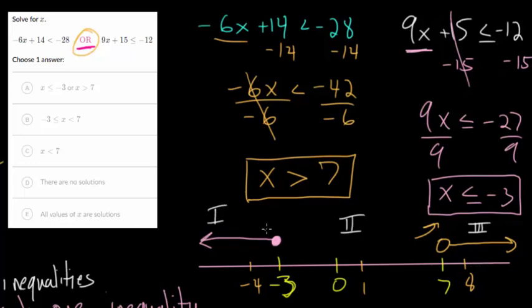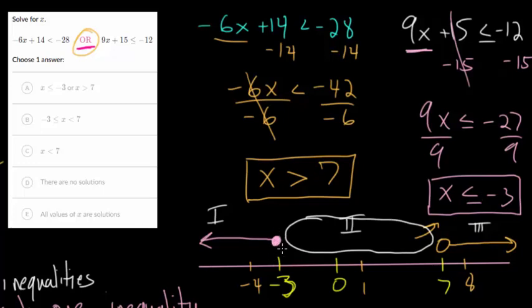So all of region 1, all values less than -3 satisfy this one, which means that they're all part of our solution set. Likewise, values bigger than 7, so all of these, they satisfy this one. And so all values of x bigger than 7 also would be part of the solution set. But values in the middle in region 2 do not satisfy either of them.